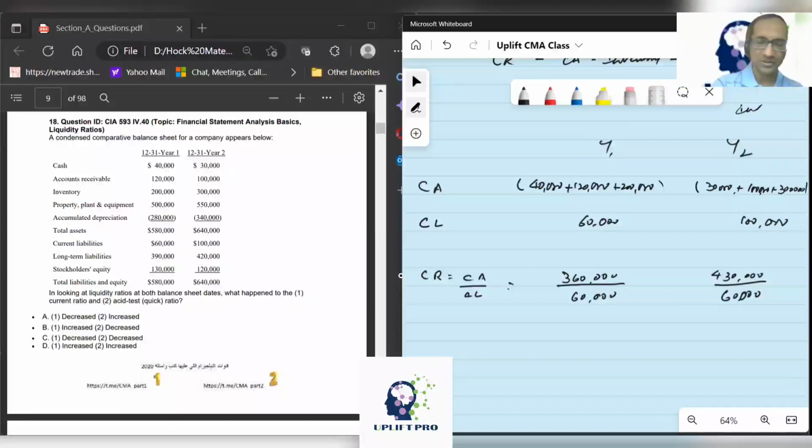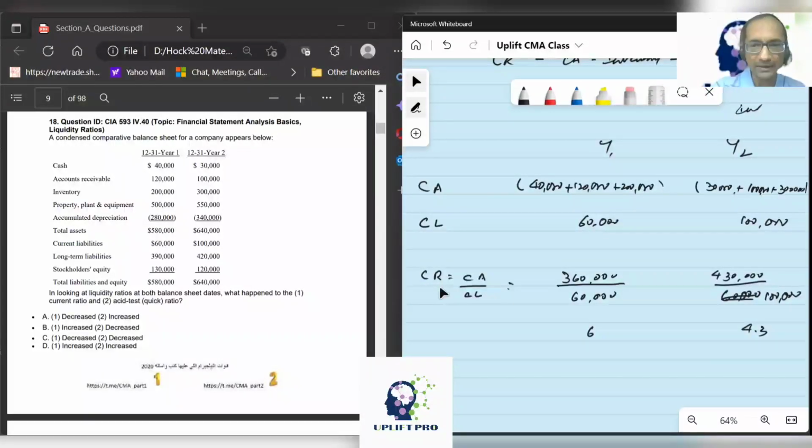So how much do we get the current ratio as? 360 divided by 60, you get 6. And 430 divided by 60. Oh, no, sorry. This is 100,000, not 60,000. This is 100,000 for year 2. And 430 divided by 100, you get 4.3.